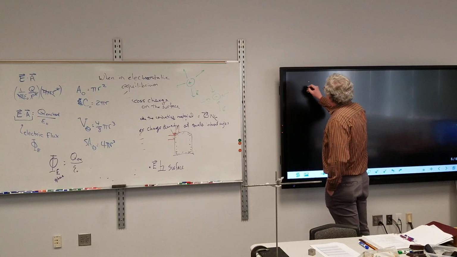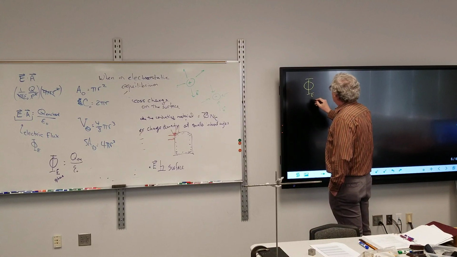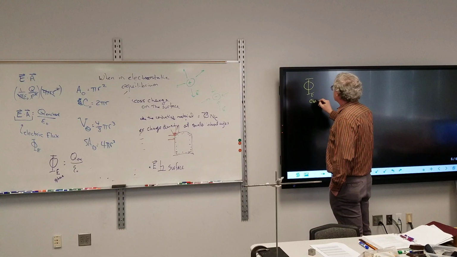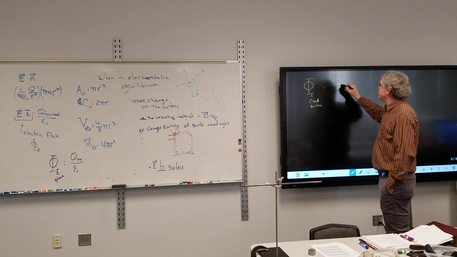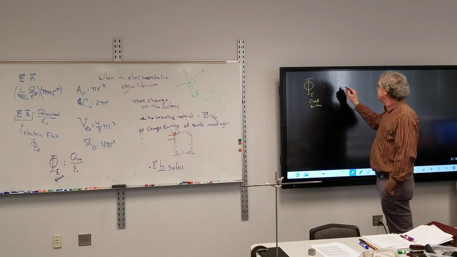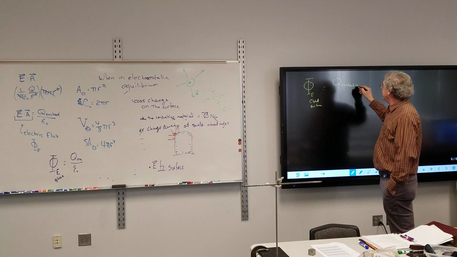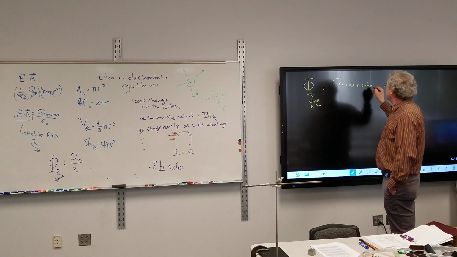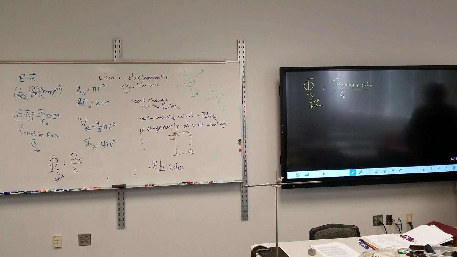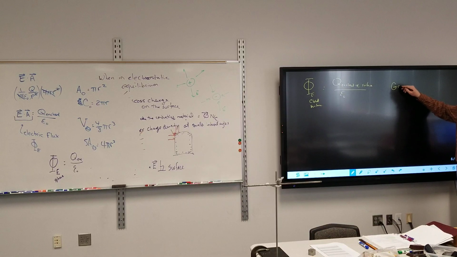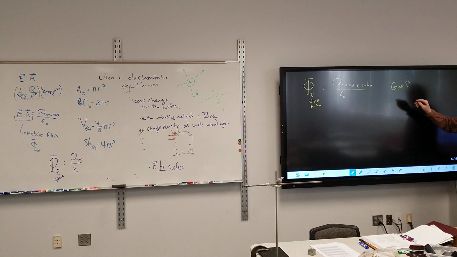In general, the electric flux through any closed surface is going to be equal to the charge that is enclosed inside the surface, divided by this constant. This has a name. This is Gauss's law of electricity.